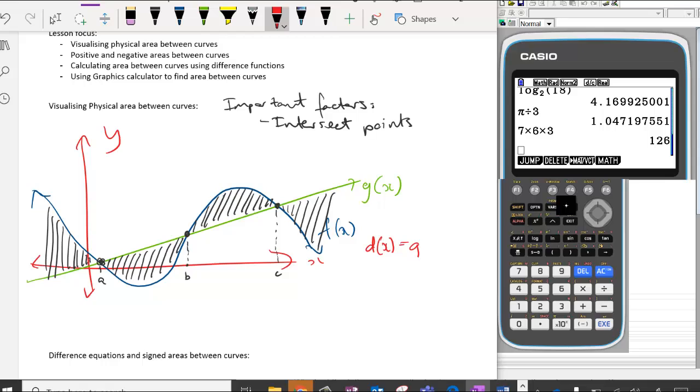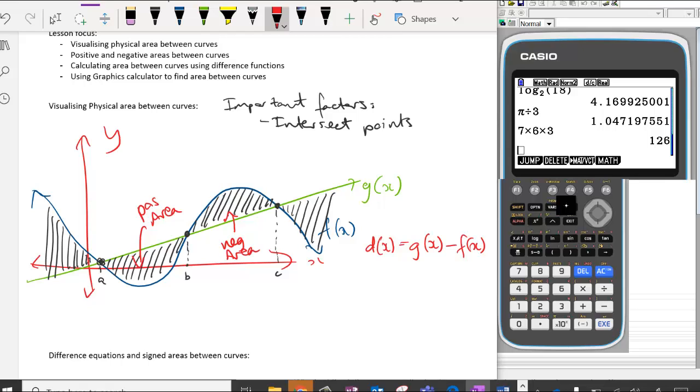If I'm going to say that it's g of x subtract f of x, then when g is above f, it will be a positively signed area, so positive area. When f is greater than g, it will be a negatively signed area.